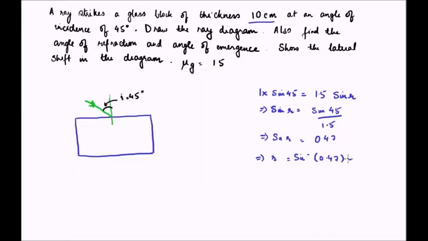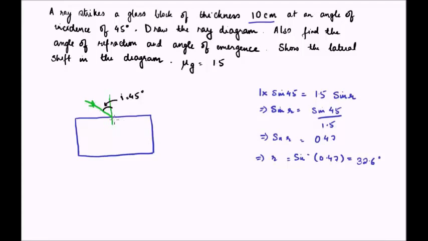So 32.6 degrees is the angle of refraction. Now that we know the angle of refraction is 32.6 degrees, it means that the light will bend towards the normal.